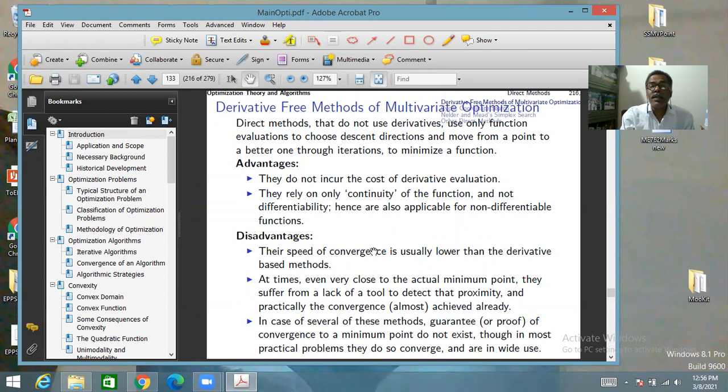And another issue which is a troublesome factor for theorists, that for many of these derivative-free methods, there is no guarantee of convergence. There is no proof that says that this method, this algorithm operated like this will certainly converge to the minimum. Okay.